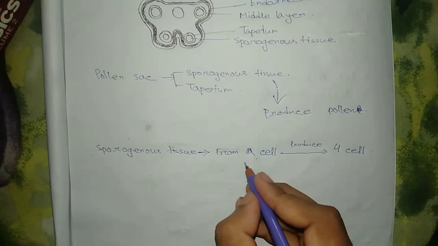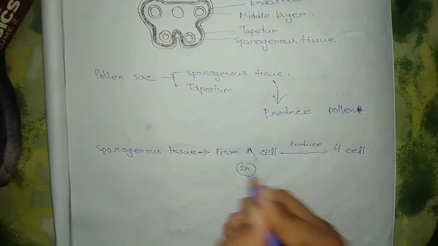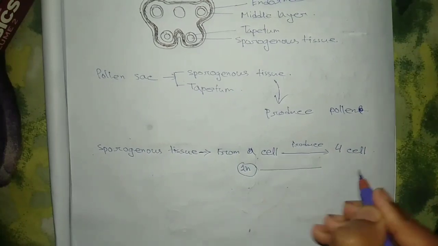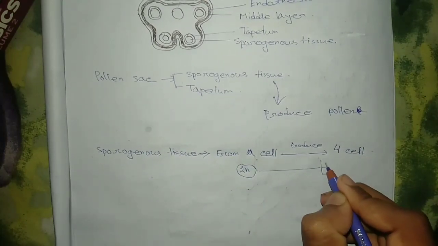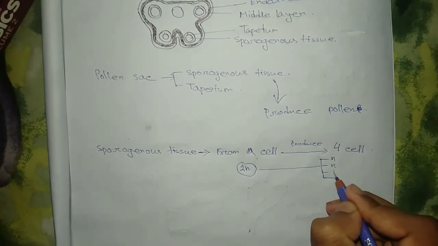From a cell, that means 2n, four cells, n.